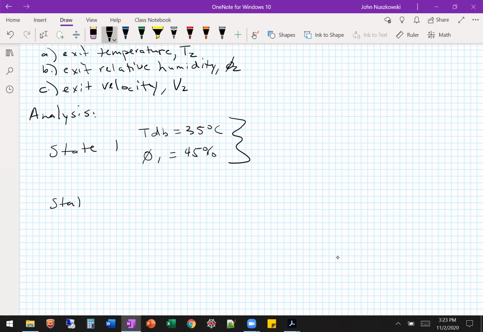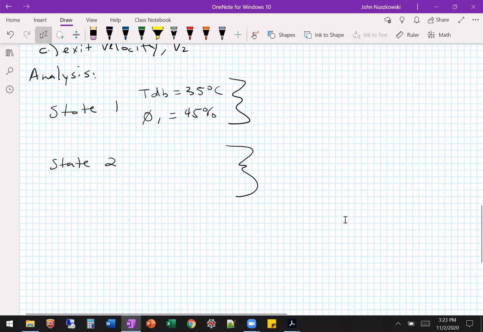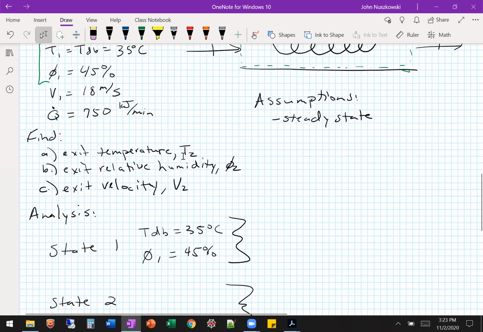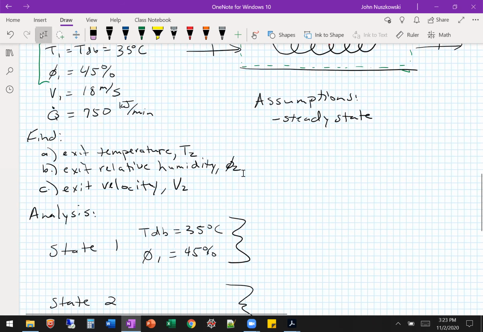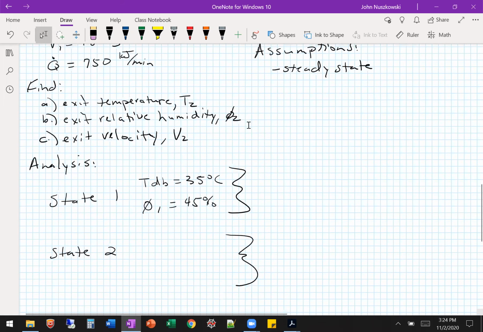State two, we don't have anything yet. But we're going to be asked for exit temperature and relative humidity. Those are properties, whether we get them directly or get a different property and use our state to understand. So this is all from the psychrometric chart.